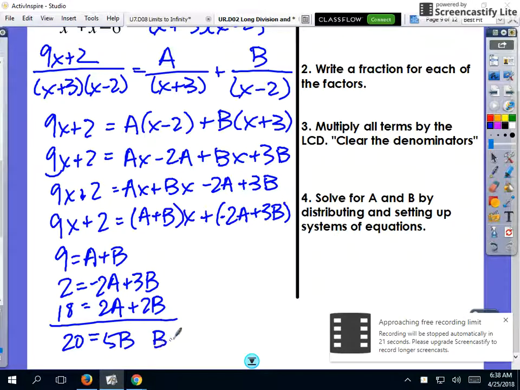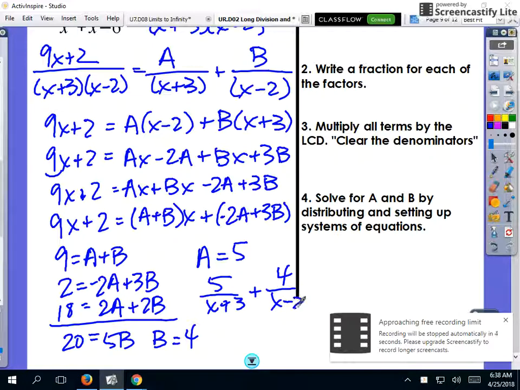And guess what b is? 4. And then 4 plus what is 9? 4 plus 5 is 9. So a equals 5. But you have to write it up here in the beginning. So 5 over x plus 3 plus 4 over x minus 2. Good work, guys. I'll see you on the next video.